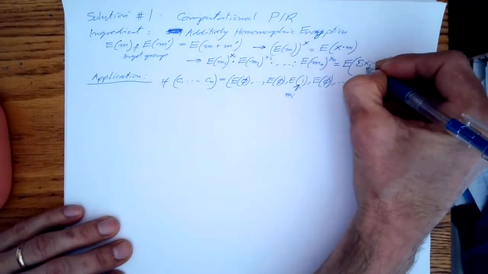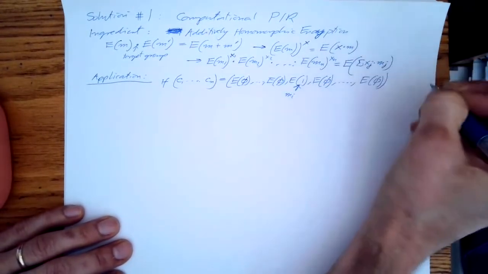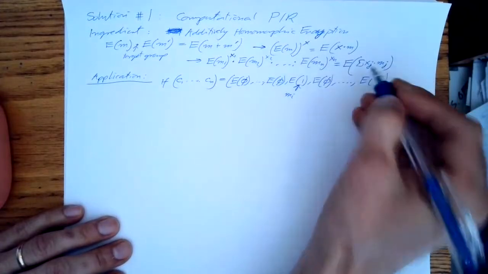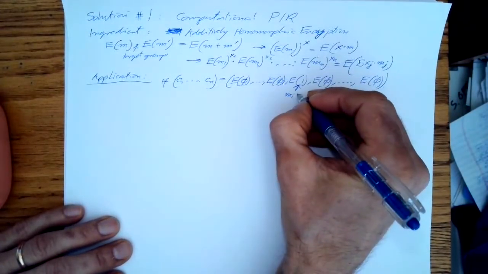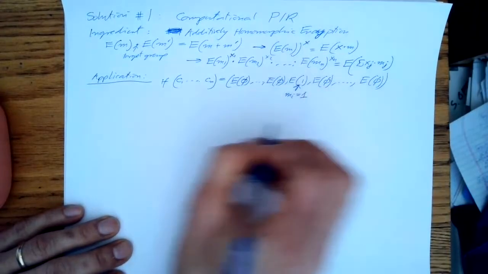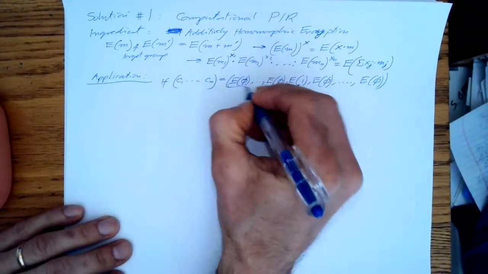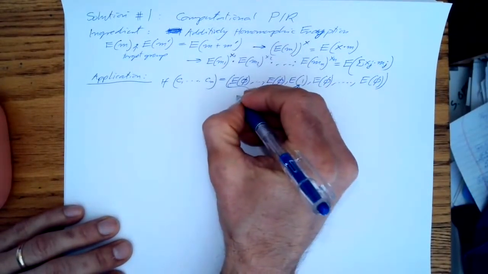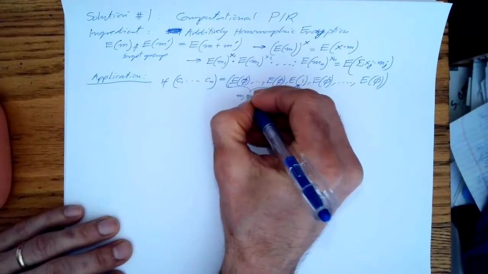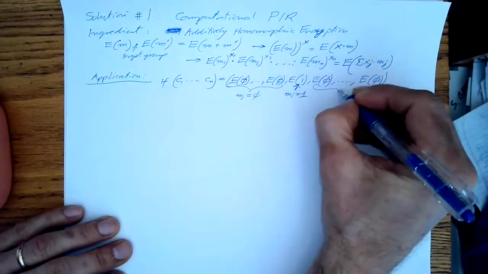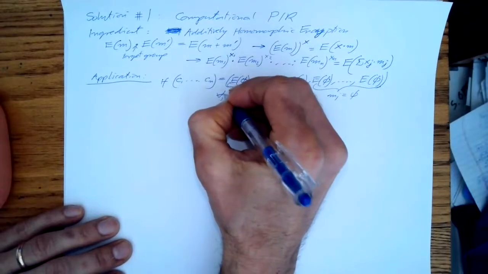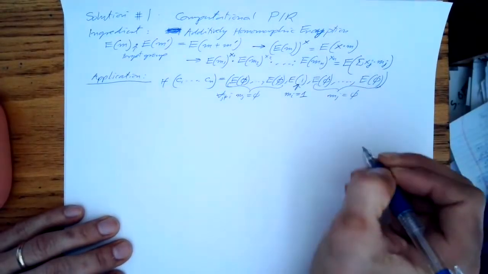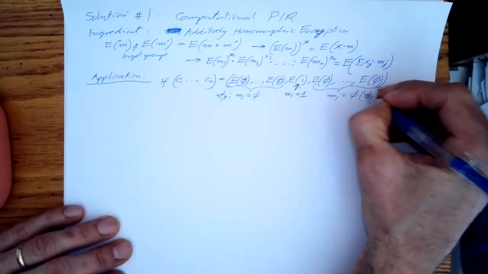So let me do a summation here where j is the variable, and at some point I'm going to make the message equal 1. And all these messages m_j are equal to 0 for all j not equal to i.